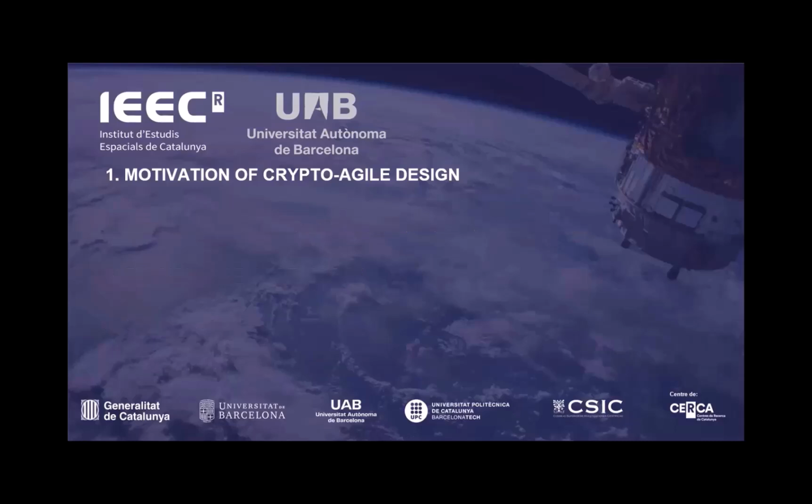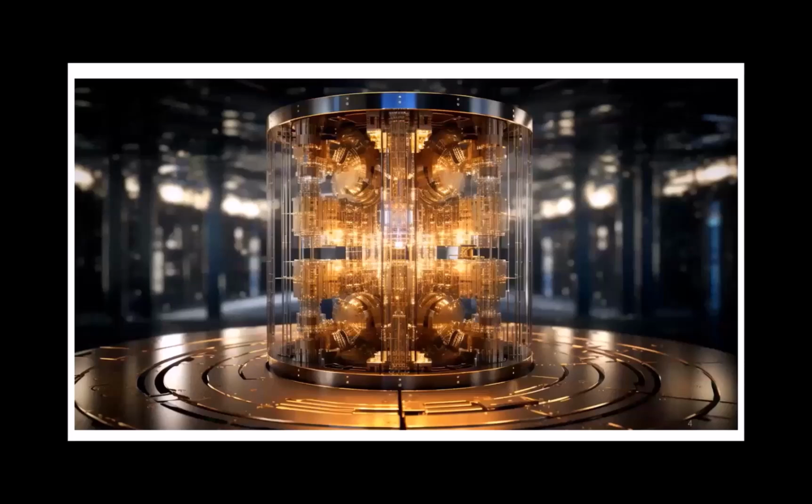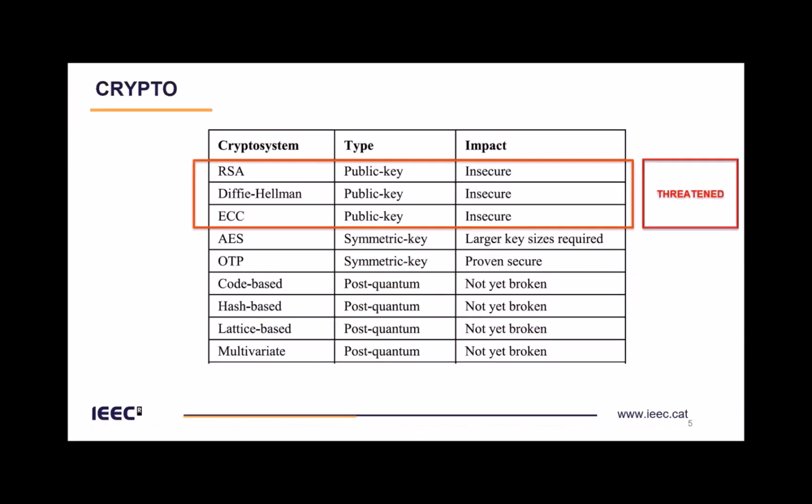So the first part, for this audience maybe a little bit redundant, is the motivation of crypto agile design. As we know, the motivation is quantum computers, and we know that asymmetric protocols are threatened already.